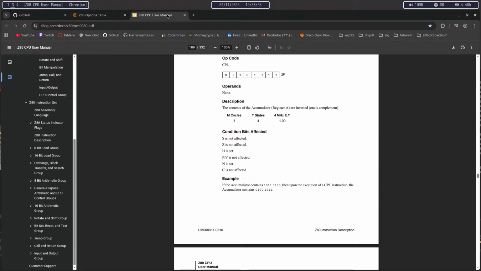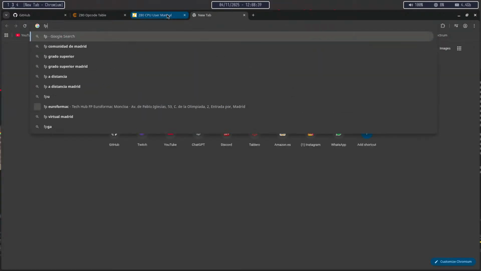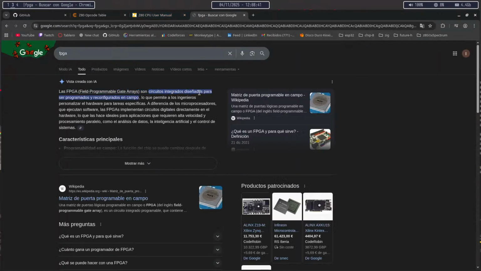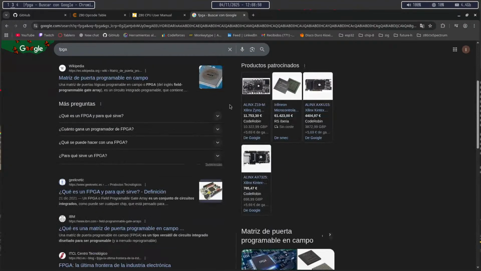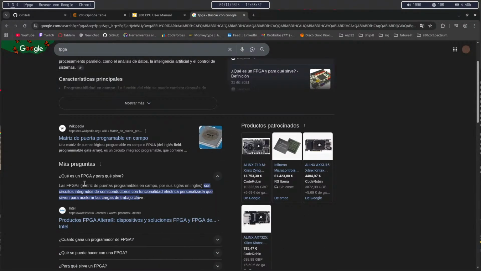Do you use FPGA to connect the Z80? What do you mean by that? FPGA? I mean, I'm not doing anything with a physical Z80. It's all software, you know? I don't have any physical computer or anything.